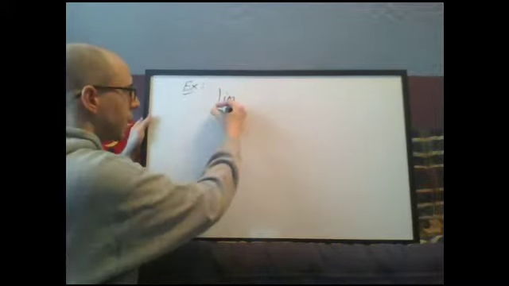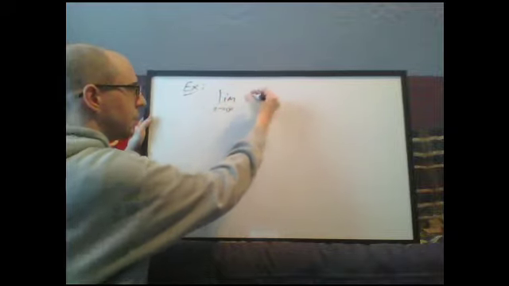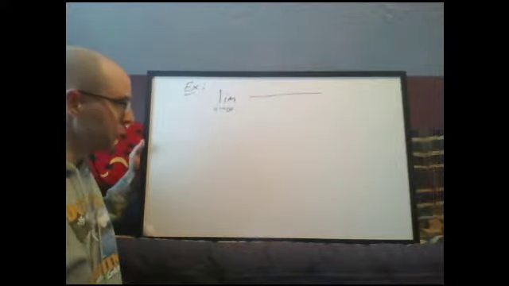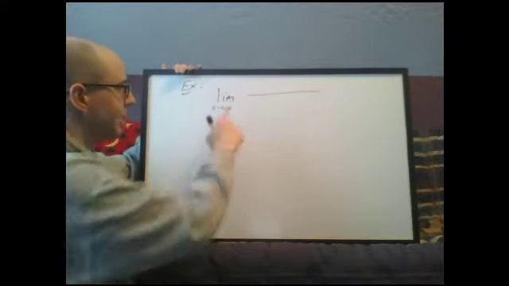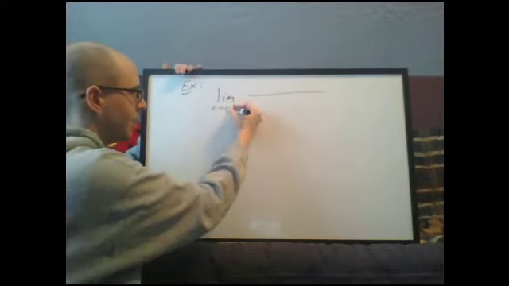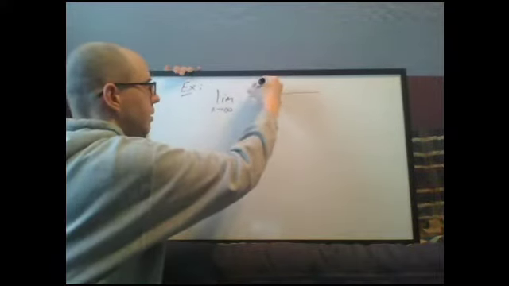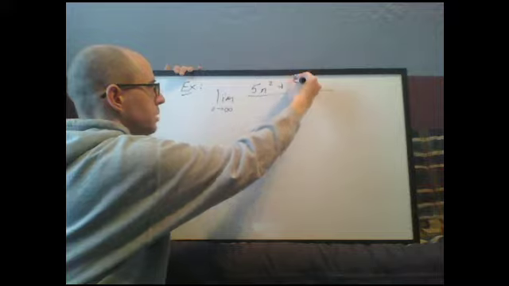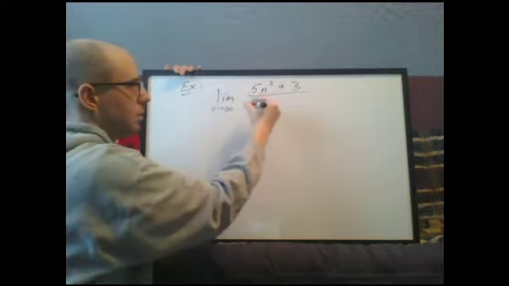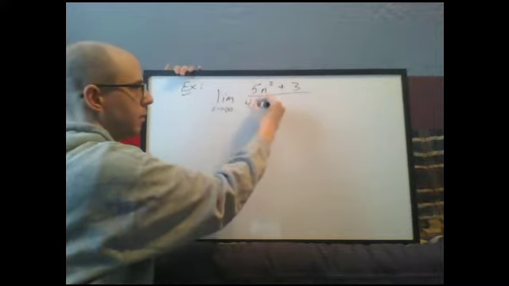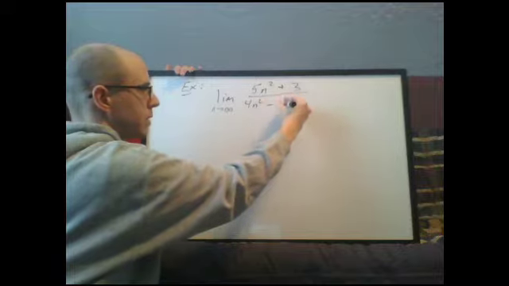What I mean by that is limits of an expression where it's a quotient, where the top is a polynomial and the bottom is a polynomial in the variable n. So something like 5n squared plus 3 divided by 4n squared minus n plus 1.